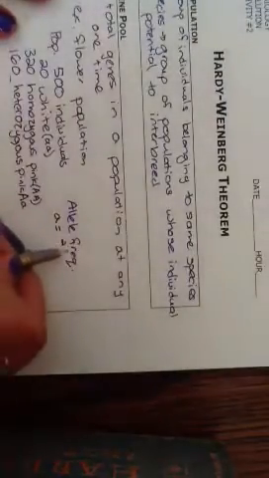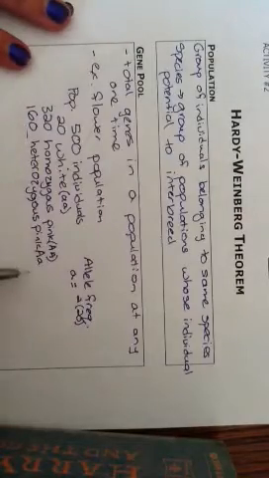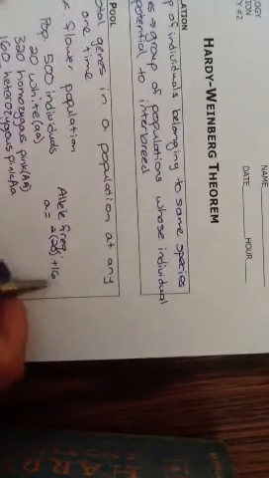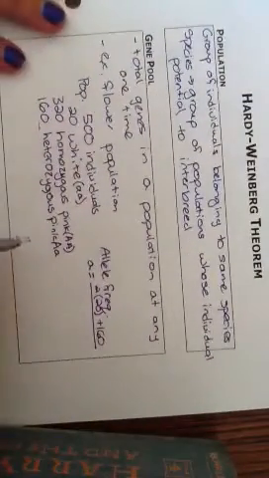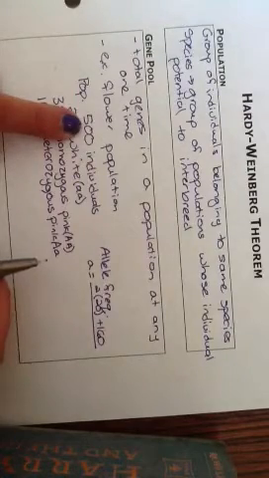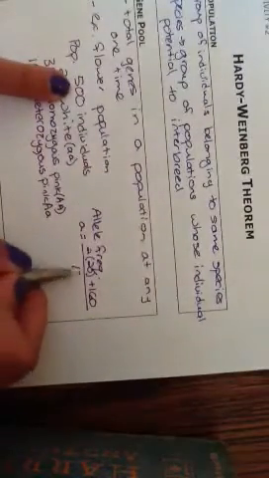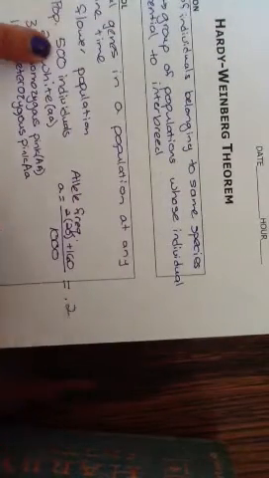So we're going to do 2 times 20, plus these guys have one little a allele, so plus 160, divided by the total amount of alleles in this population, which is 2 times the number of individuals, because each individual has 2 alleles. So divided by 1,000, which is going to equal 0.2.